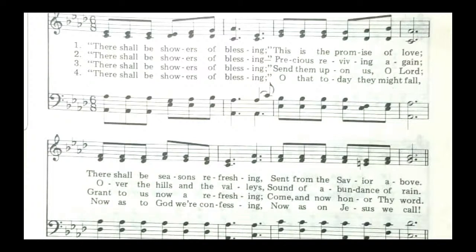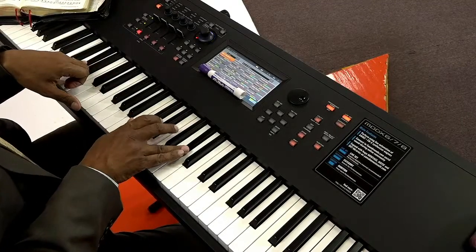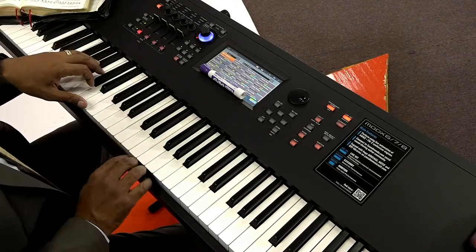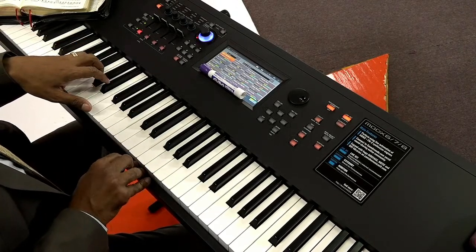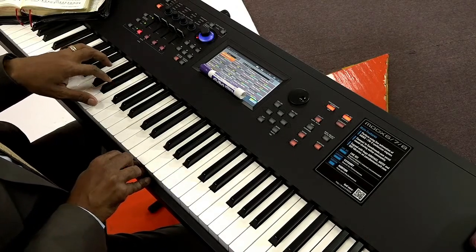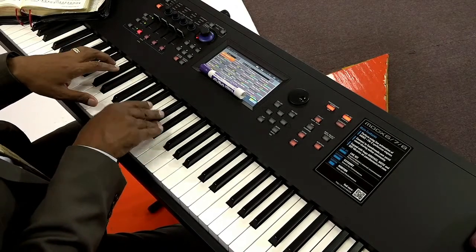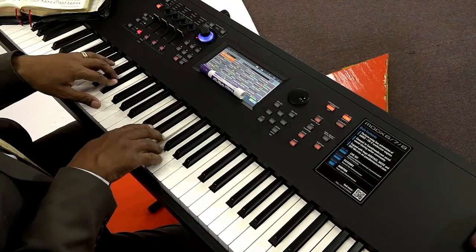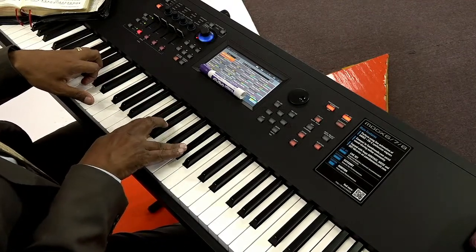So it's 1, 2, 3, 4, 5, 6. So we have A flat, then E flat, then back to A flat.